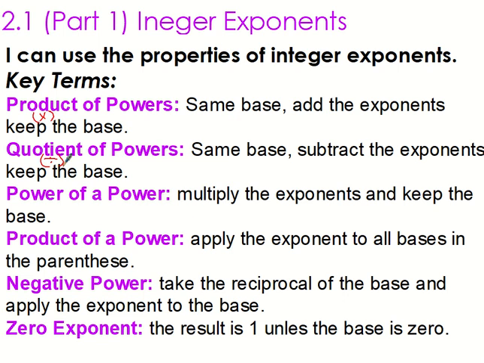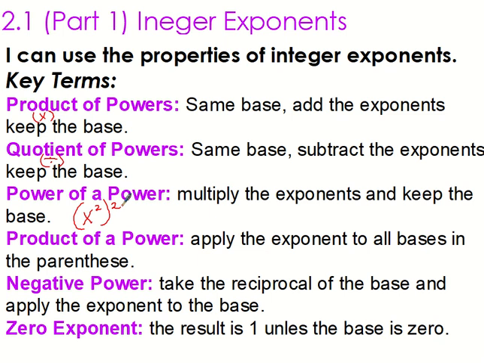All right. Next one is power of powers. That's where we multiply the exponents and keep the base. So remember, that was when we had something like this. Okay, a power raised to another power. All right, we have product of powers.